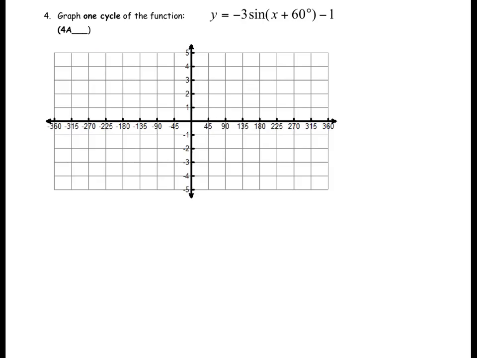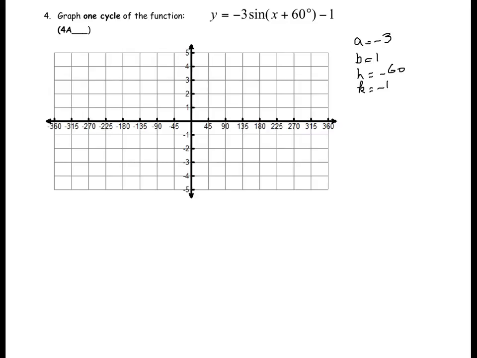I have to graph one cycle of the function y equals -3 sine x plus 60 minus 1. From the equation we see that a is -3, b is equal to 1, h is -60, and k is -1.